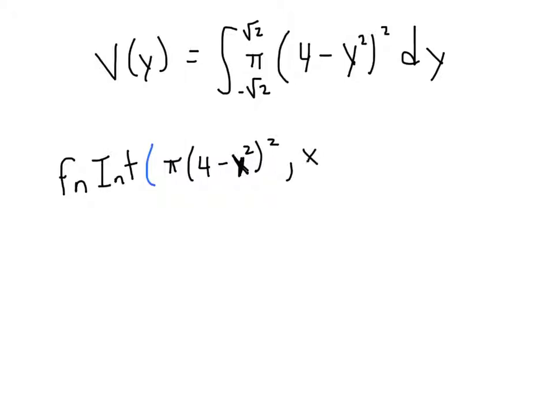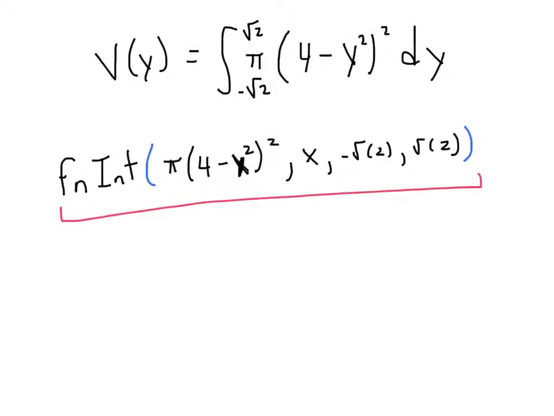Our variable is x, and then we have to do negative square root 2, which will look like that when you type it in, and square root 2. And then you have to close your parentheses. So getting used to using your calculator with this notation for this function is not easy. You have to be very careful.